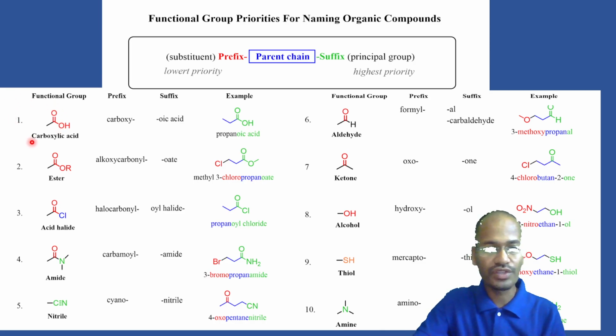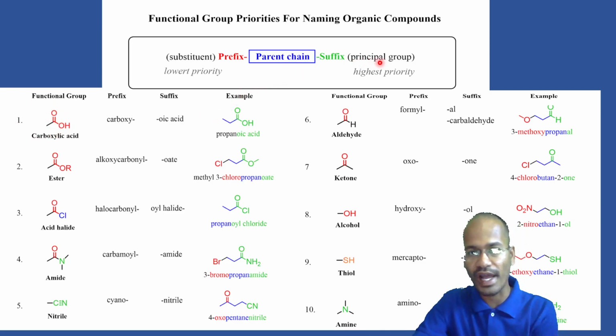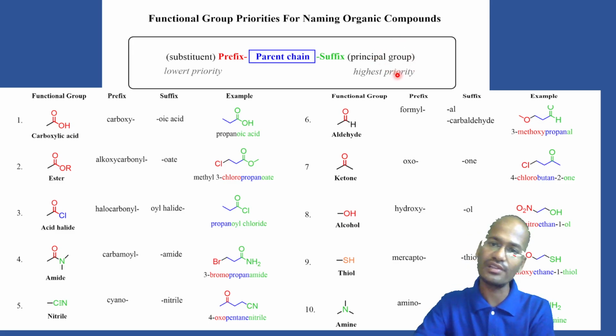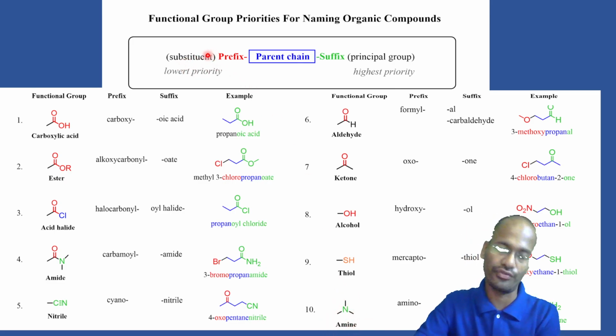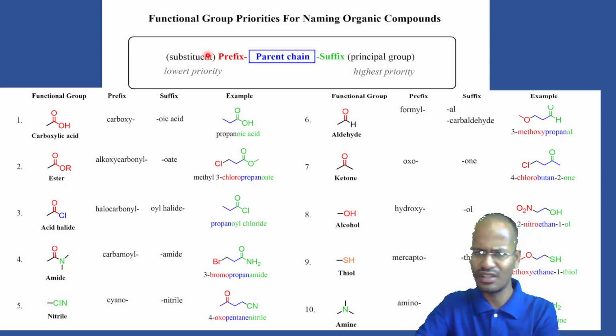And so this carboxylic acid will be considered as the primary functional group, or else secondary suffix. And the lowest priority functional group will be considered as prefix. That's it. It's not too much of a thing to think over here.